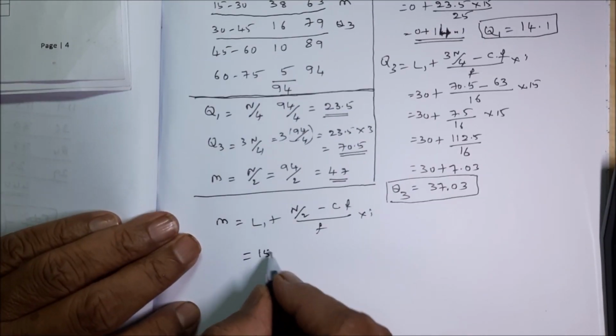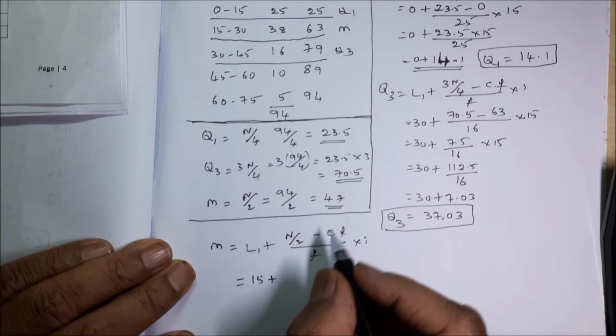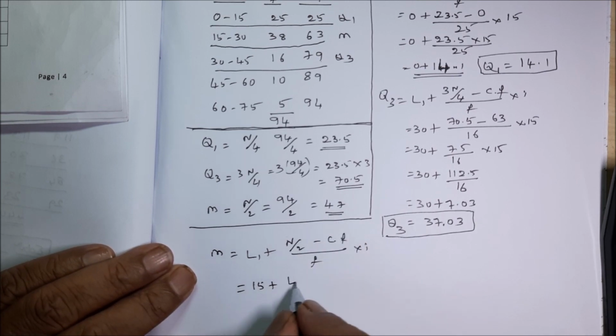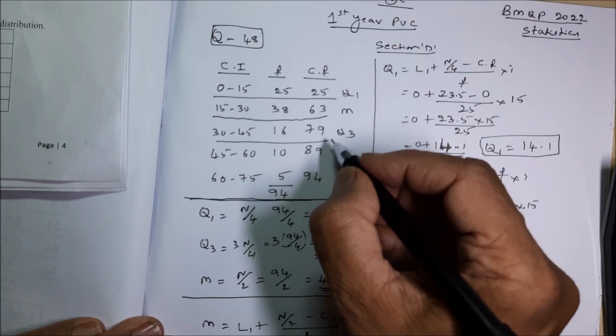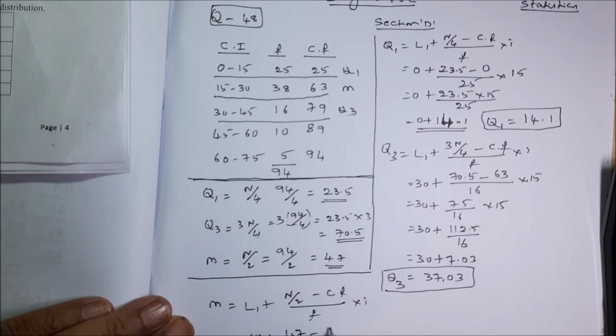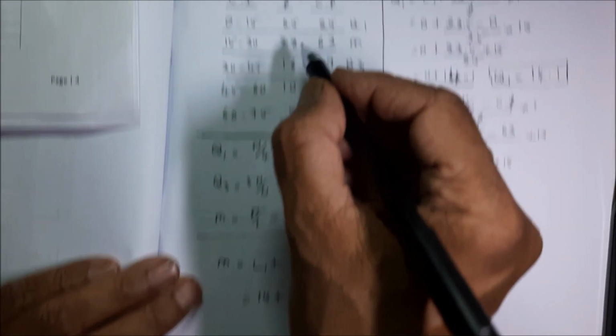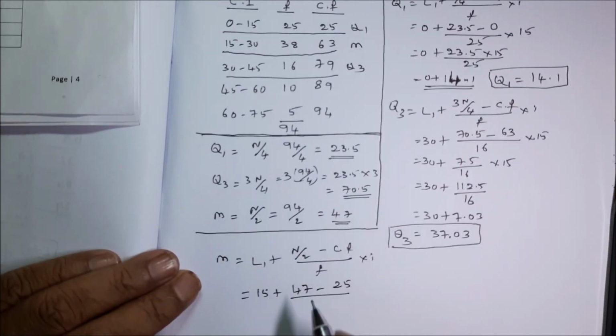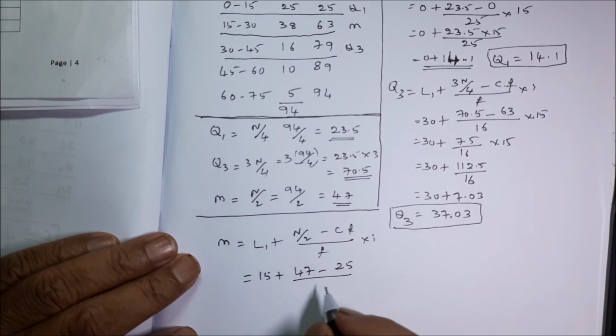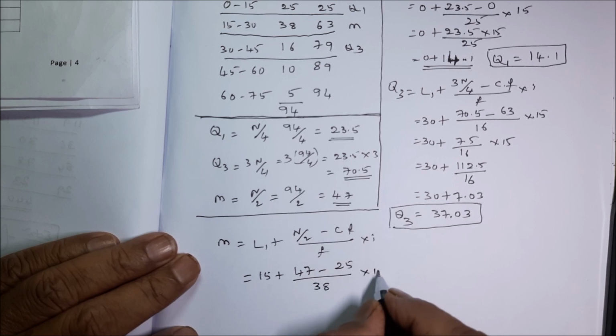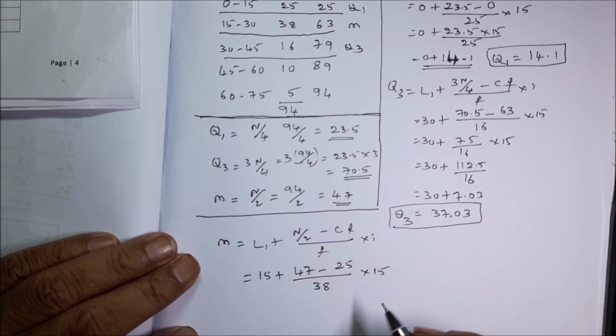So 15 plus N by 2, we have found out already N by 2 is 47, minus CF preceding is 25, divided by frequency of that median class, which is 38, correct, 38 into I is 15, right.